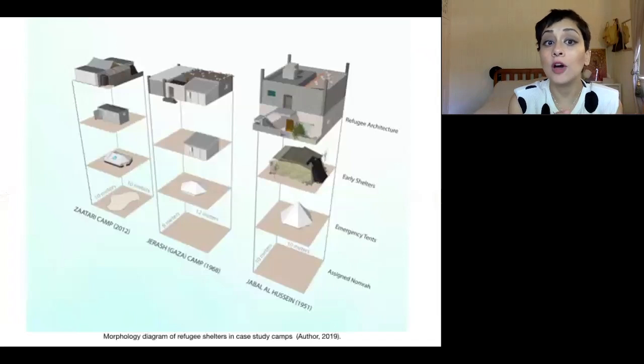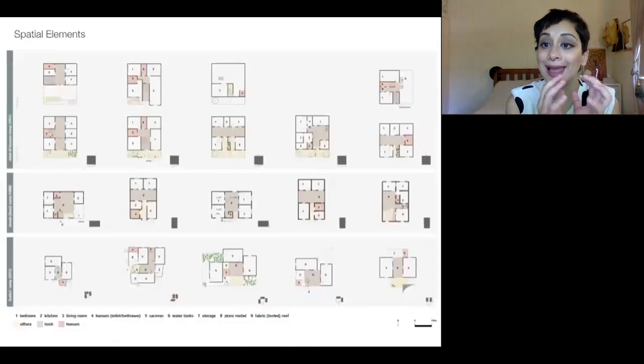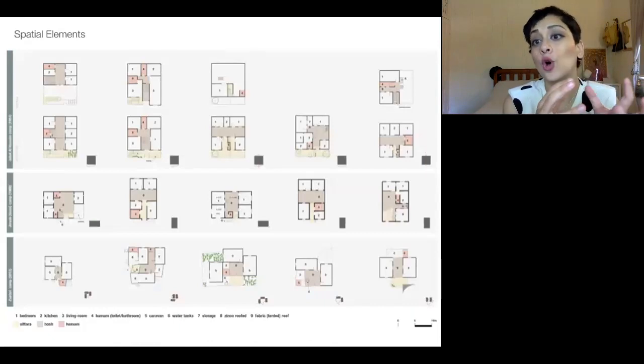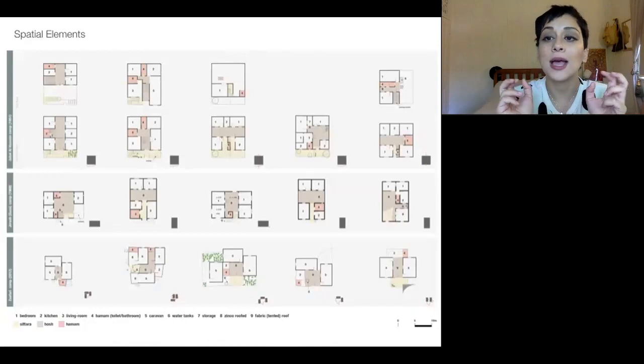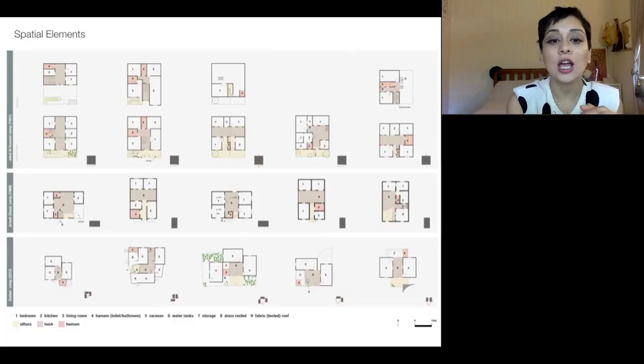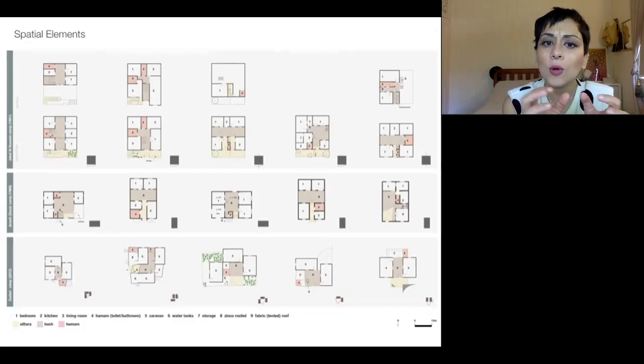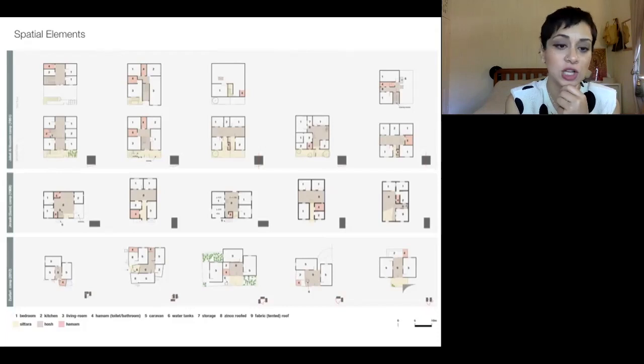So when we look at the morphology of those tents to the current dwellings in each of these camps, I found out that there are elements or spaces that repeat and form a pattern in the space, that form space syntax, which creates architecture, the definition we explored early on. So there were special elements that kept repeating in all of these transformed shelters.